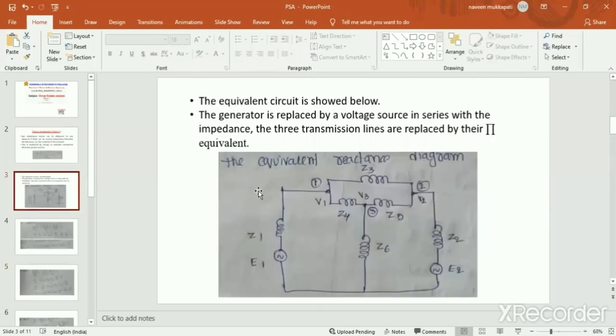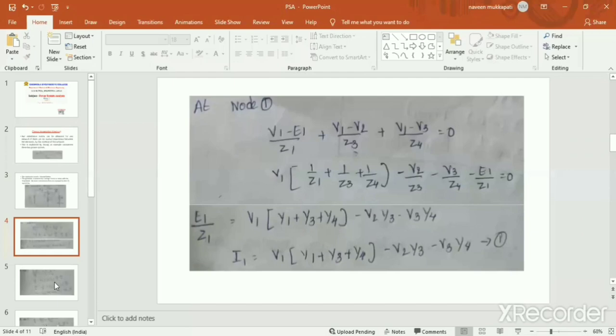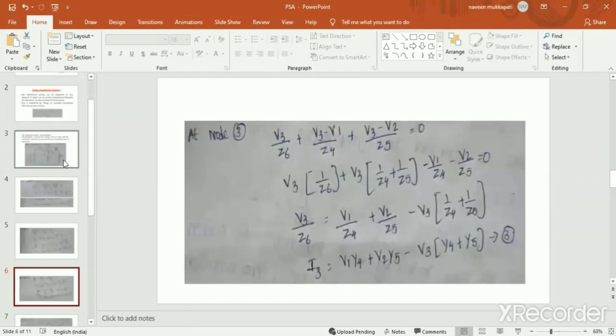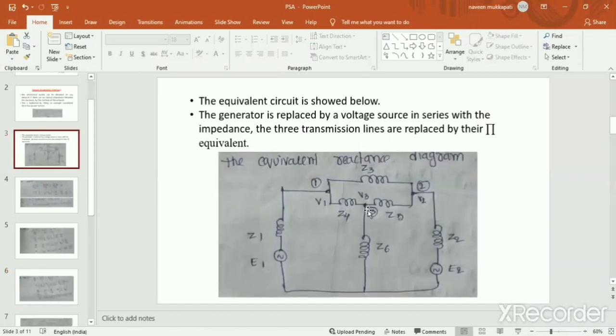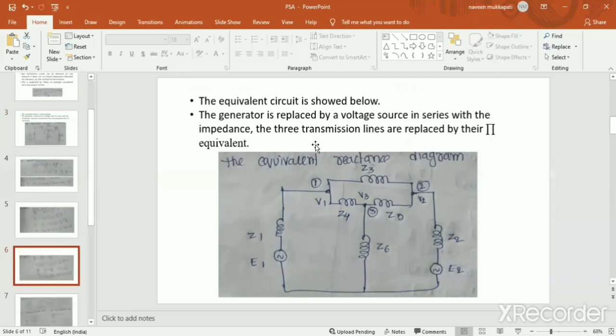After that, apply KCL at node 3. This is node 3. What is that equation?